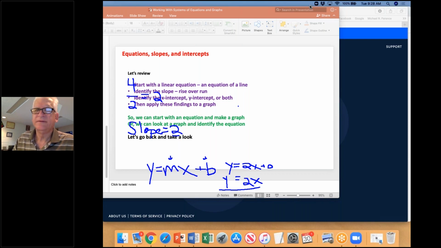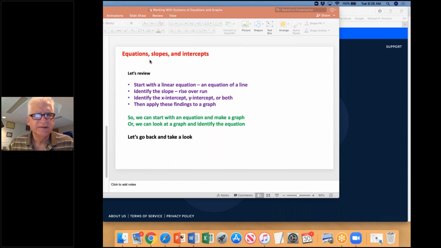Let me get rid of the drawing. So here, this is just a quick review of slope. You start with a linear equation of a line. You identify the slope by the number up to the number over.